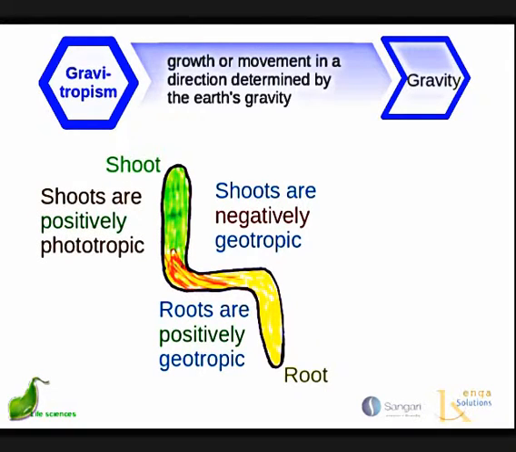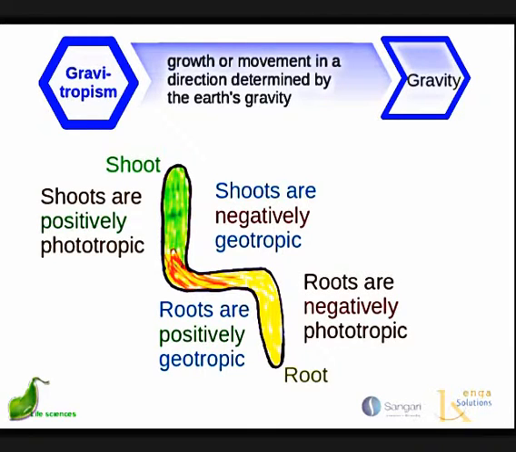Shoots are positively phototropic and roots are negatively phototropic. What do you think this means? This helps ensure that the roots grow downward, since they grow away from the light and towards gravity, and shoots grow upward, since they grow away from gravity and towards the light.